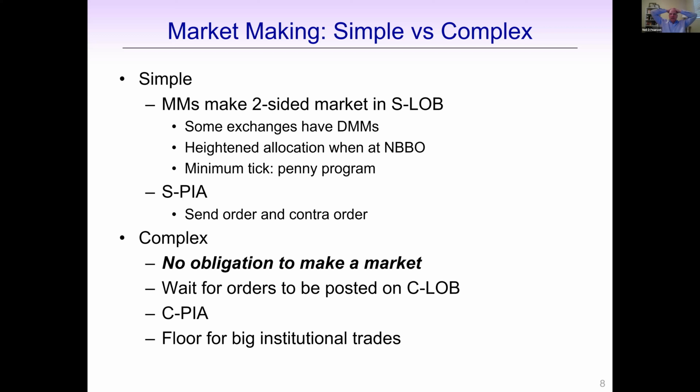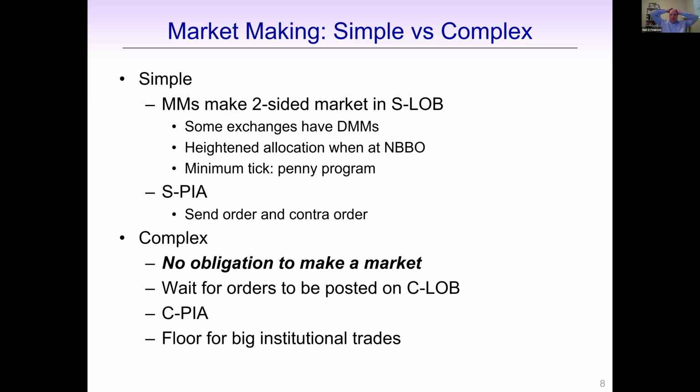Some options exchanges use price-time priority. Some are pro rata exchanges. They have different rules about allocation, but typically a market maker gets a heightened allocation when the market maker is at the NBBO.